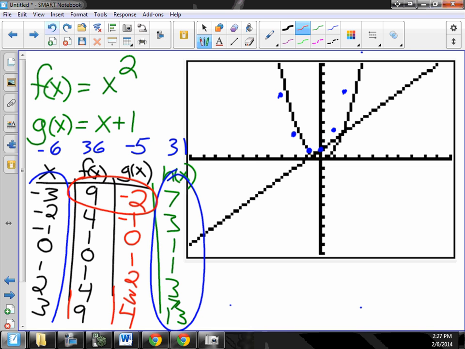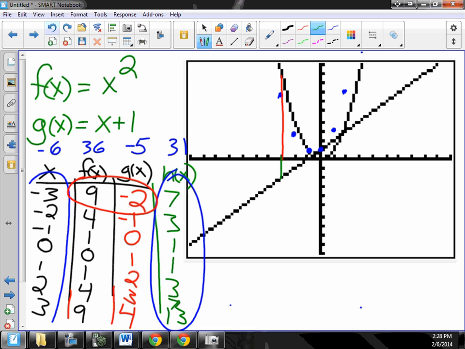So if I were to draw the value of the quadratic, I missed, but the value of the quadratic is that, and the value of the line is this. Are those two lengths going to work together or against each other? Against each other. How come? One's negative and one's positive.